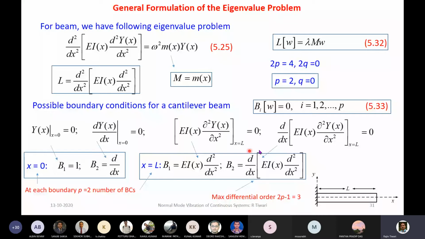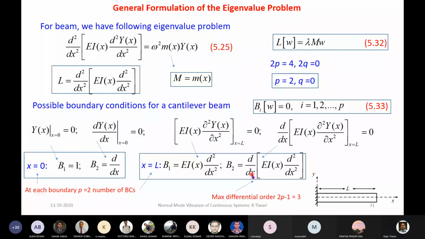So this is satisfying that condition also, that the maximum order of differentiation in the boundary condition can be one less than that of the eigenvalue problem. And we are also satisfying that at each boundary we should have P number of boundary conditions. So here we have 2 boundary conditions, and here also we have 2 boundary conditions, because P is 2 for the present case.